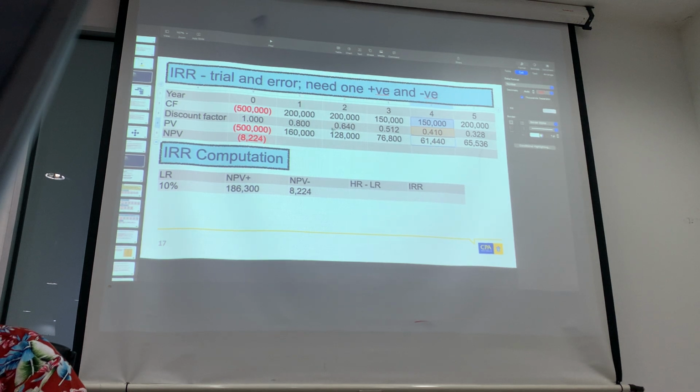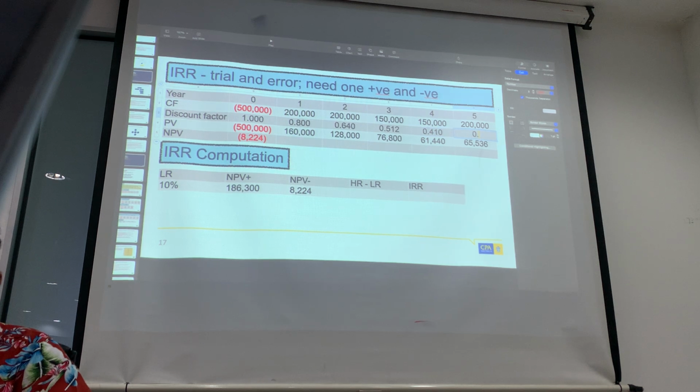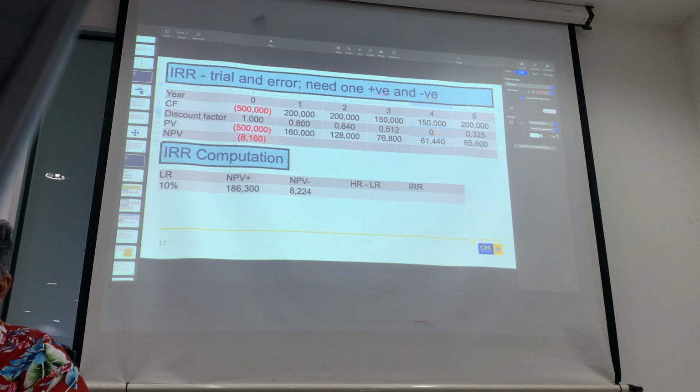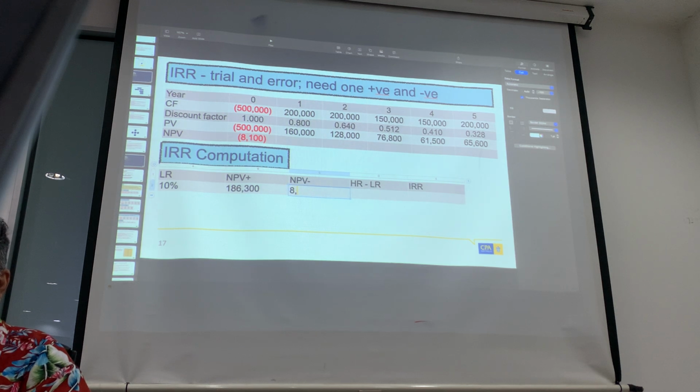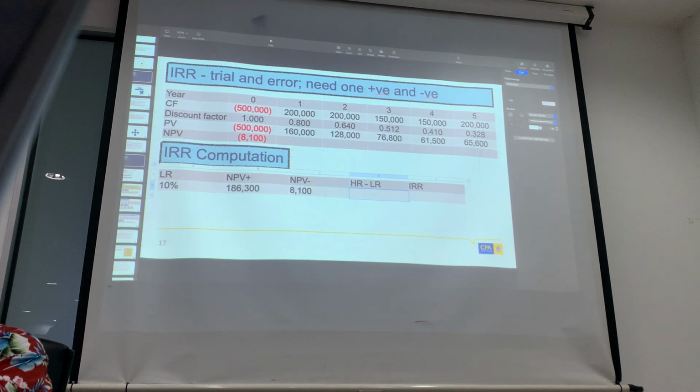Because of the decimal places at the back, I mean 0.328, 0.410, 0.512. Don't worry, I understand your problem. Let me just settle that problem first. Because Excel has many decimal places, and many decimal places cause a variation. Don't worry about it.